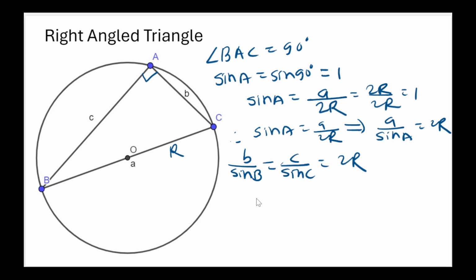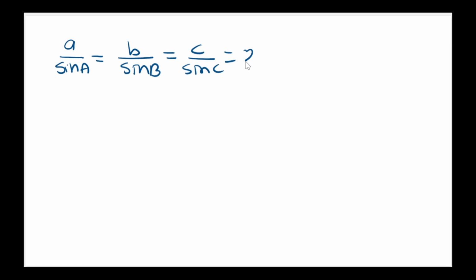Now we have proved the result for the three different triangles, that is acute angle triangle, obtuse angle triangle, and right angle triangle. Therefore, in general we have proved that for any triangle ABC, a upon sine A is equal to b upon sine B is equal to c upon sine C is equal to 2R.